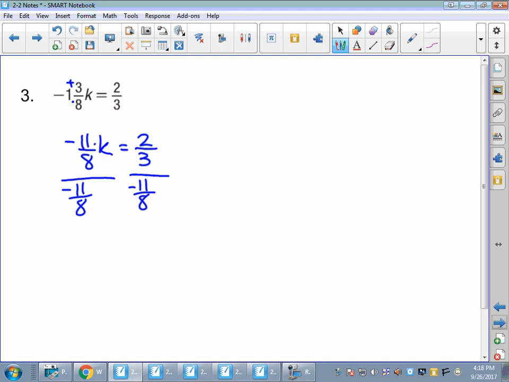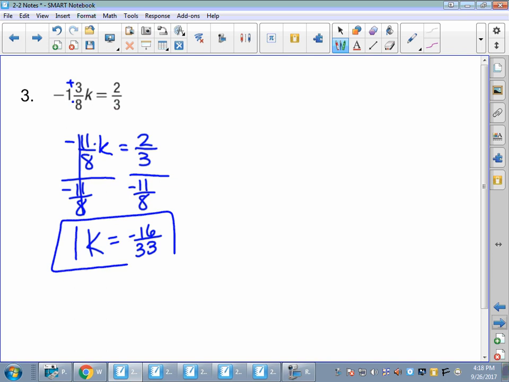A -11/8 divided by another -11/8 becomes 1 whole k. So you can put 1k or just k. You can use your calculator to figure this out. You can use the fraction buttons, 2/3 divided by -11/8, and you get -16/33.